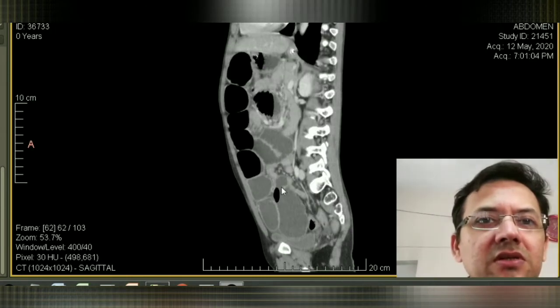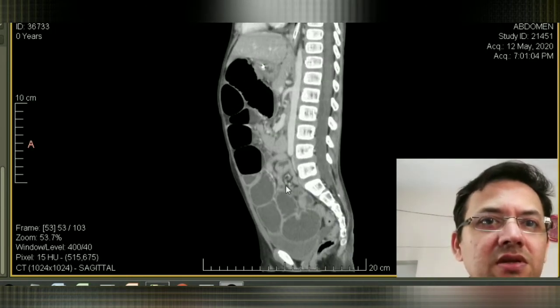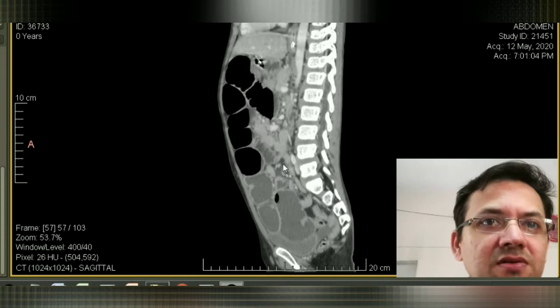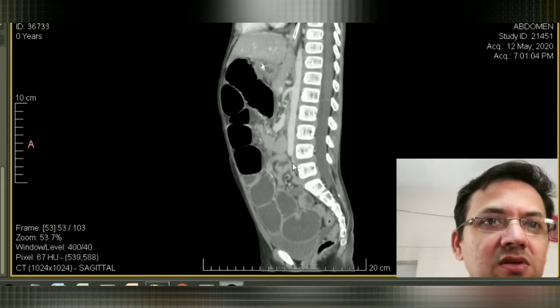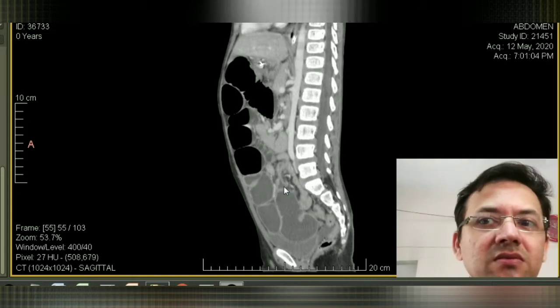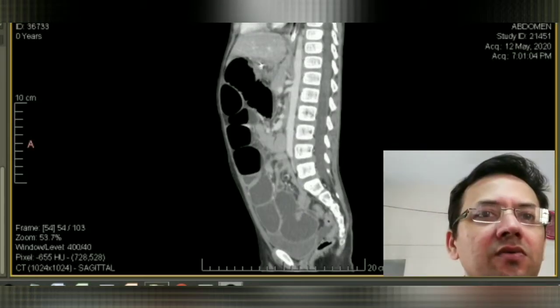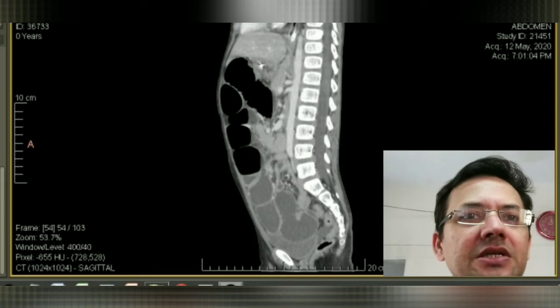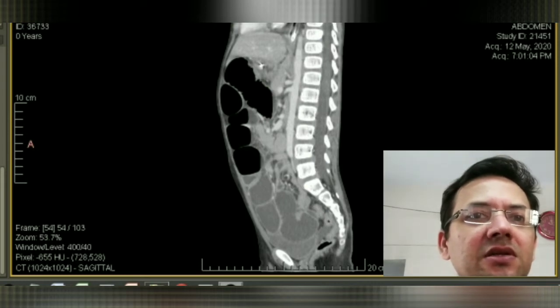So here sagittal images we are scrolling. We can see here some diverticular outpouching-like structure arising from the small bowel located in the central abdomen. Now we are seeing here in the sagittal image some diverticular structure in the center of the abdomen.